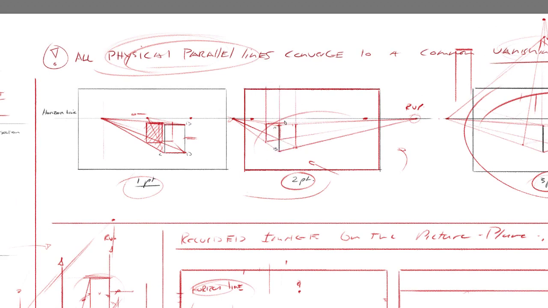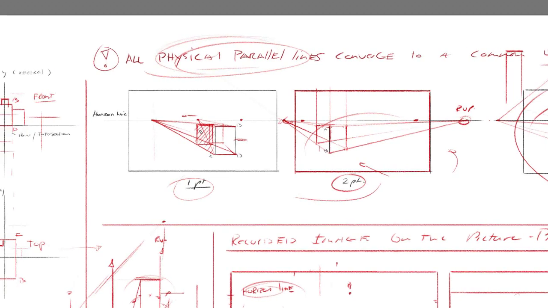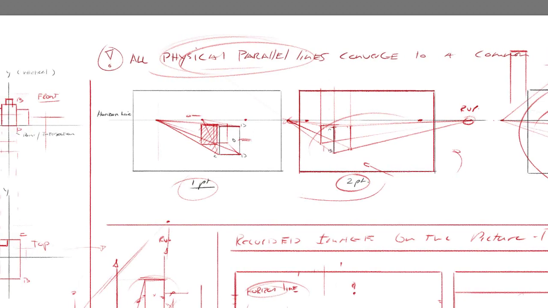So these sets go to the vanishing point, and these sets of parallel lines go to the left, but not the verticals. And in 1-point perspective, none of the horizontal lines or the vertical lines converge. Only one set of parallel lines, and it's the depth that converges to that vanishing point.